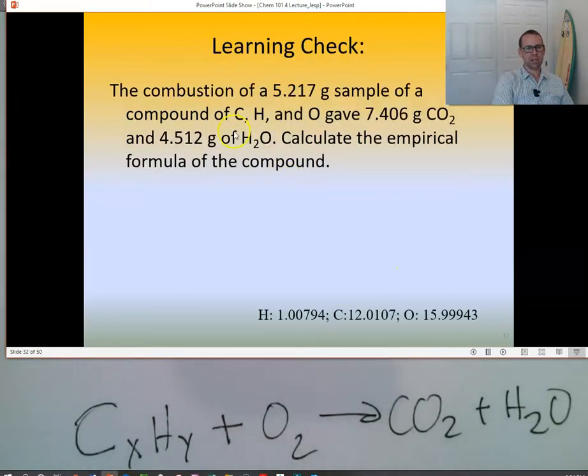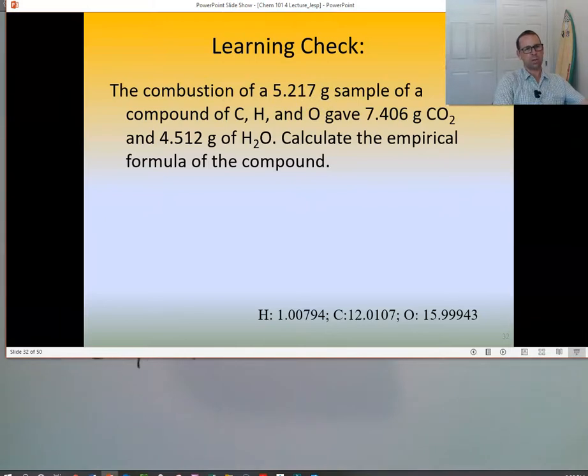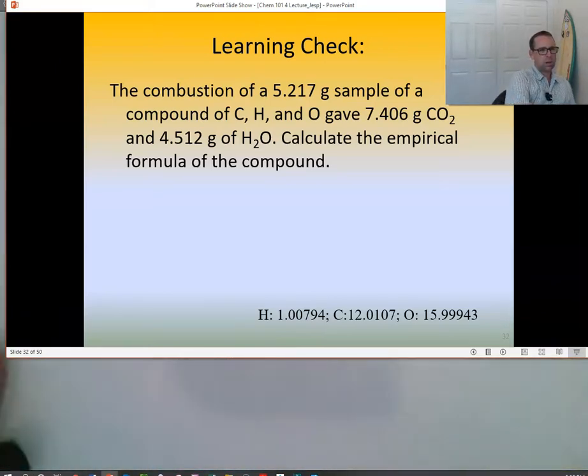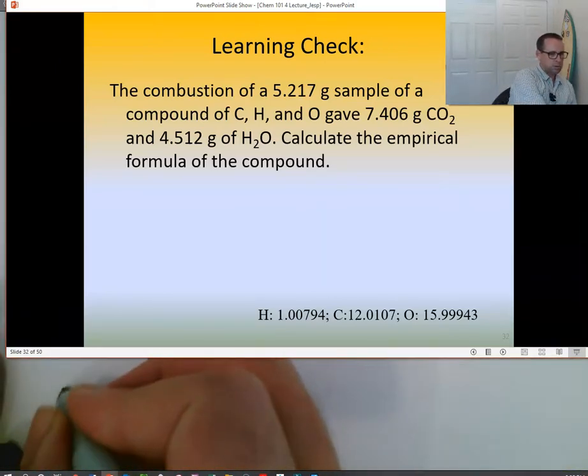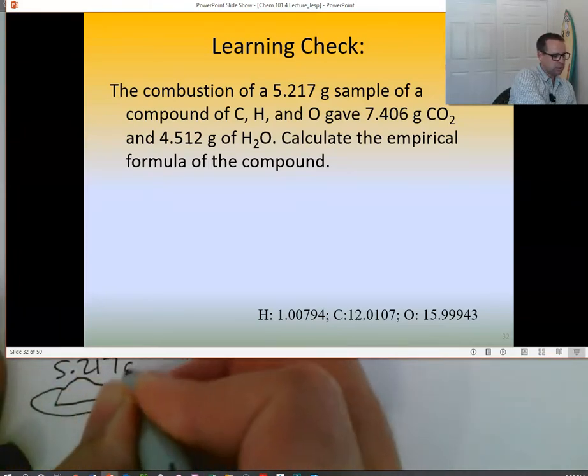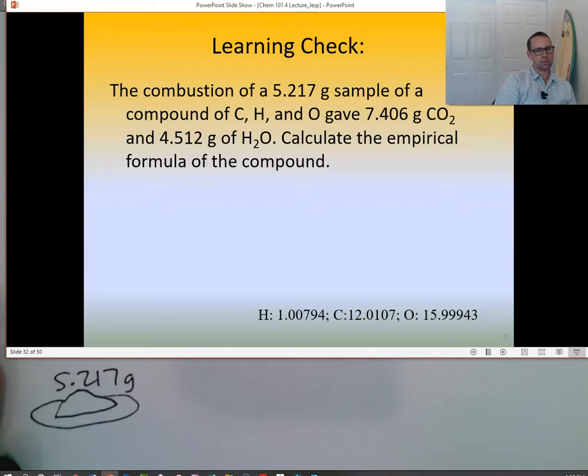So, here's an example. We took a 5.217 gram sample of a chemical and we combusted it. All right? So here is our compound. We have 5.217 grams of our compound.